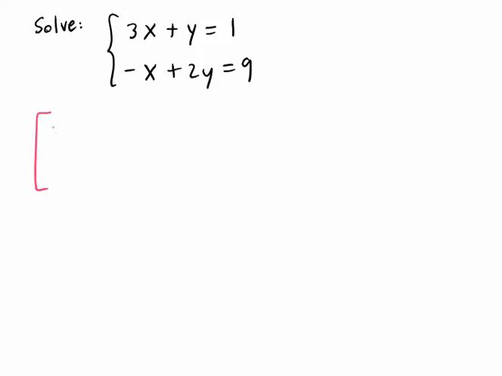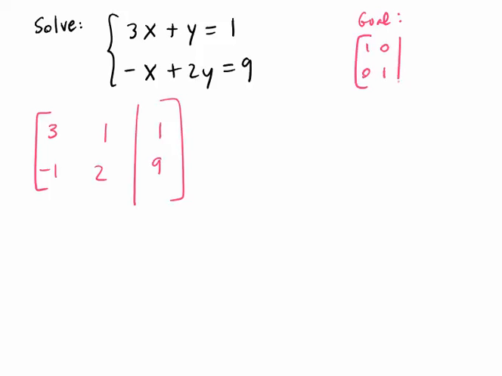So my augmented matrix, make sure it's x plus your y term in both of your equations, looks good. 3, 1, and a 1 would be over here, a -1, 2, and a 9. Okay, we know the goal: 1, 0, 0, 1. I'll get a number here and a number here. And we know what we can do from our rules.